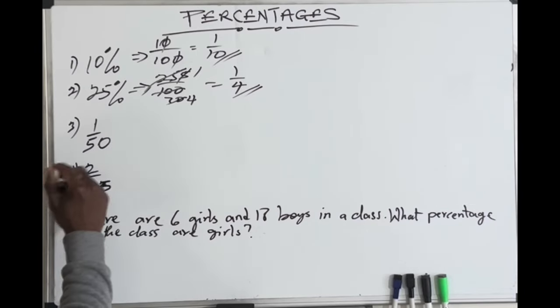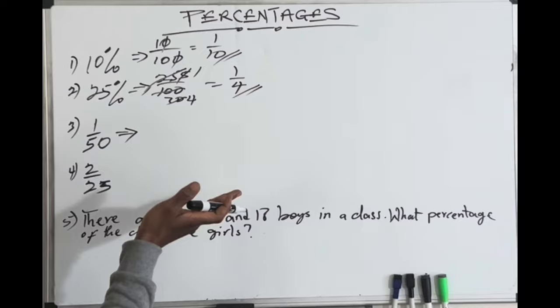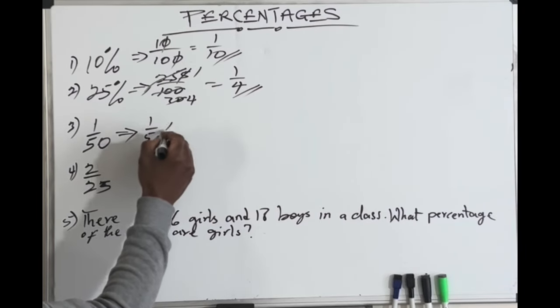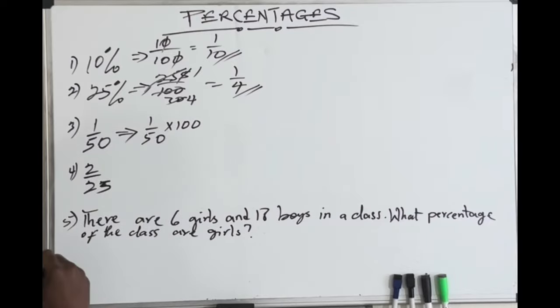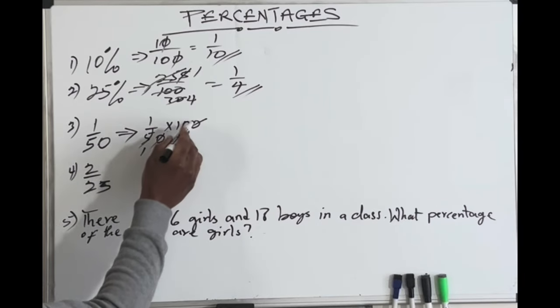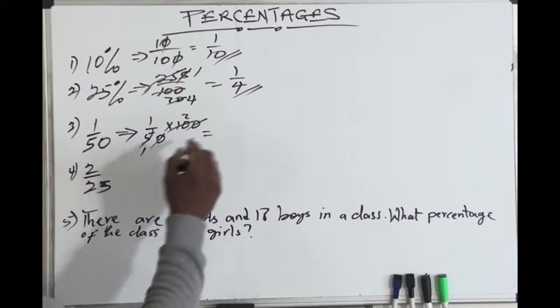Okay, all right. So 1 over 50 we are expressing in a percentage form. So 1 over 50 times 100. That is the percentage sign. So 0 cancels 0. 5 goes here, 1 goes here, 2. Now we have 1 times 2 is what? 2.